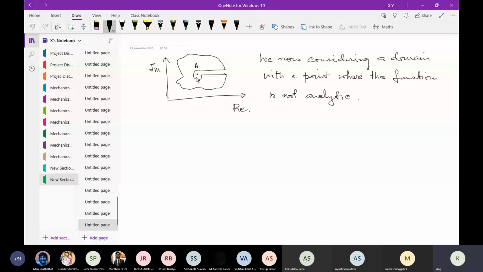So we have the following paths to be taken. One is, if this A were not there, then we would be following a path C, which would just begin and end here. Okay?